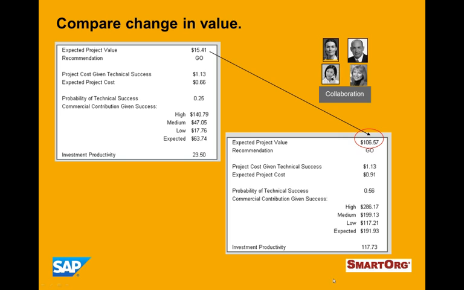And given that we can pull this off now, here is the range of values, commercial value, given that success. So as you can see, we still have a potentially high of 286 million should we be able to really pull it off, and a low of 117 million, which is significantly better than we had previously.